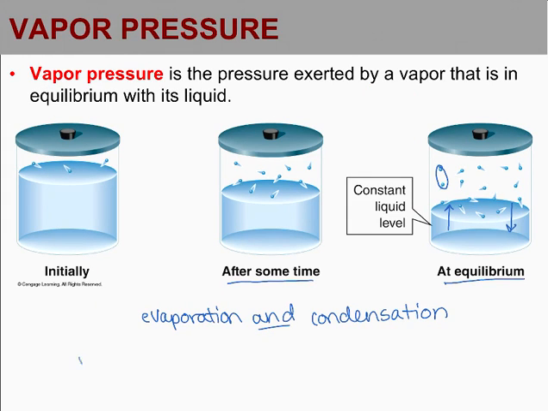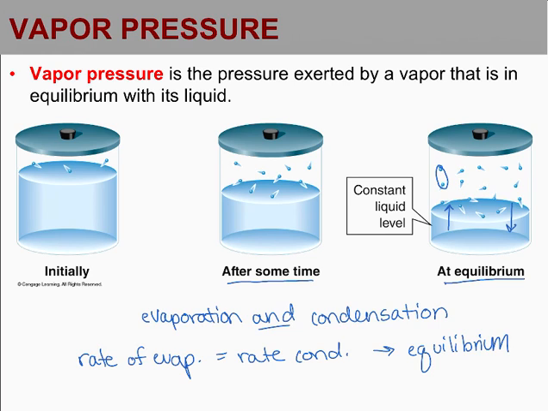So when the rate of evaporation equals the rate of condensation, then we're at equilibrium. The amount of gas won't change and the amount of liquid won't change. We just stay at that constant amount of liquid and gas.